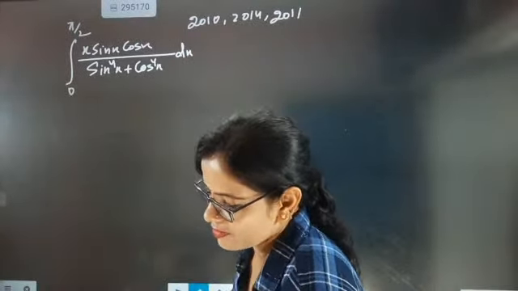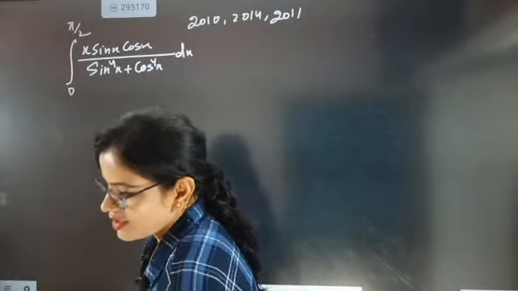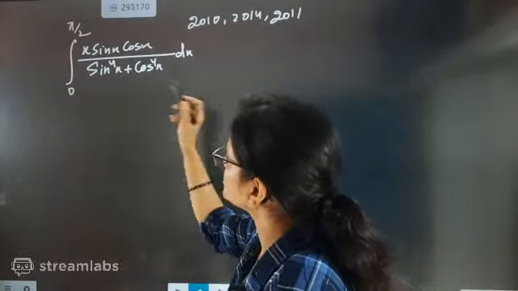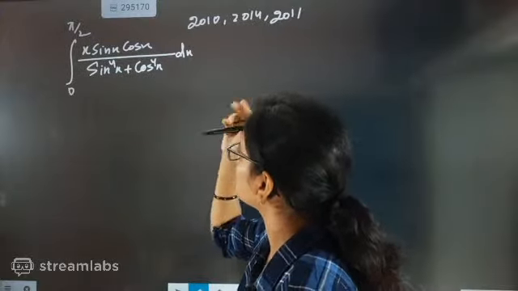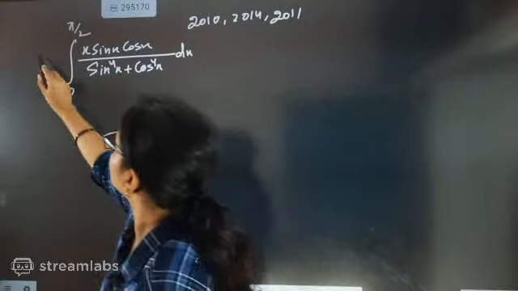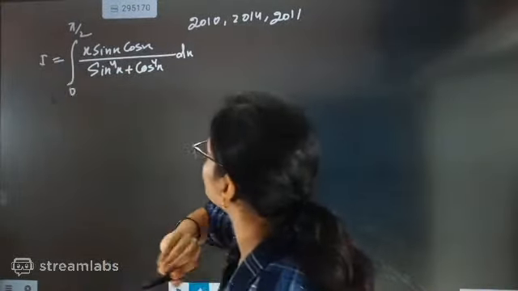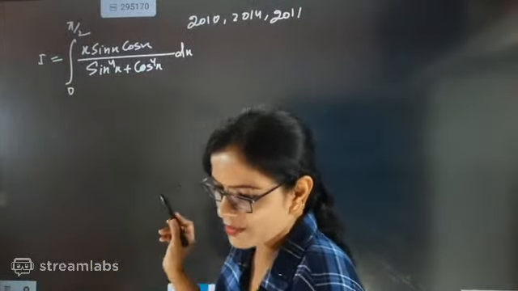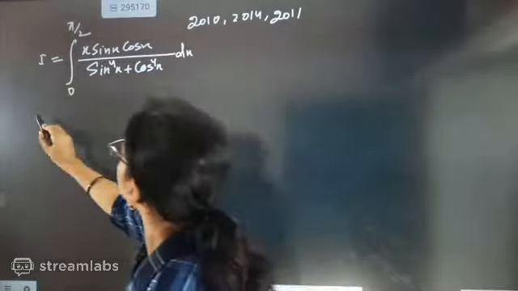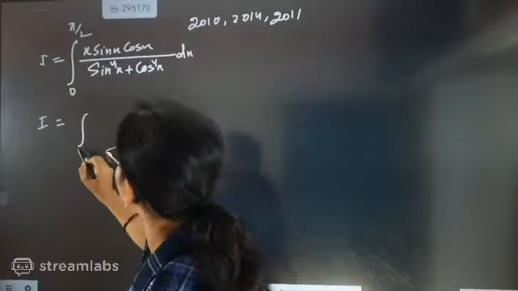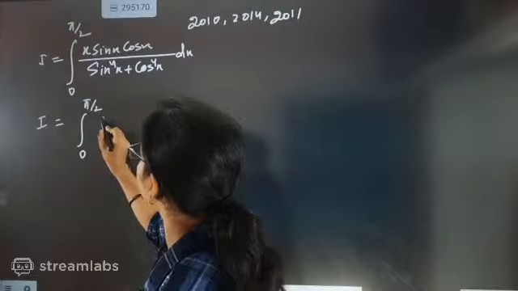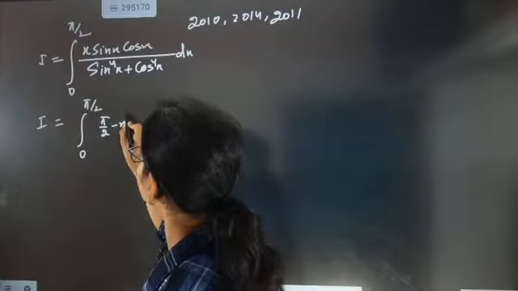Ashutosh, pi square by 16. Very good, Ashutosh. Now look here, x sin x cos x by sin to the power 4 x plus cos to the power 4 x is there. Then we are exactly going to make it equal to I. Now again we know that f of x equals f of a minus x according to that property. So we are going to write here from 0 to pi by 2, x can be written as pi by 2 minus x.